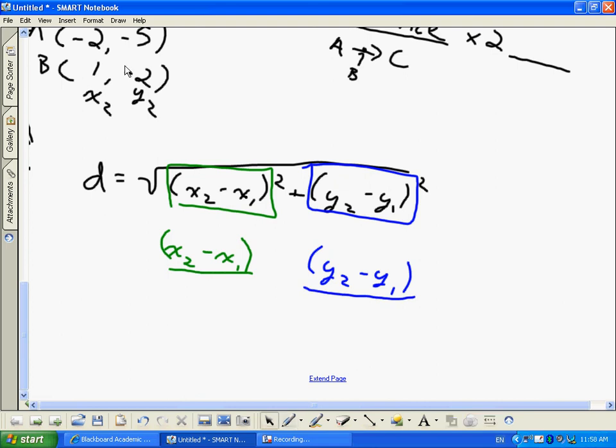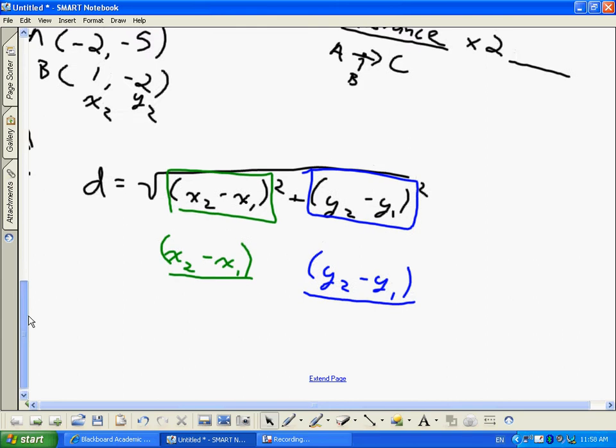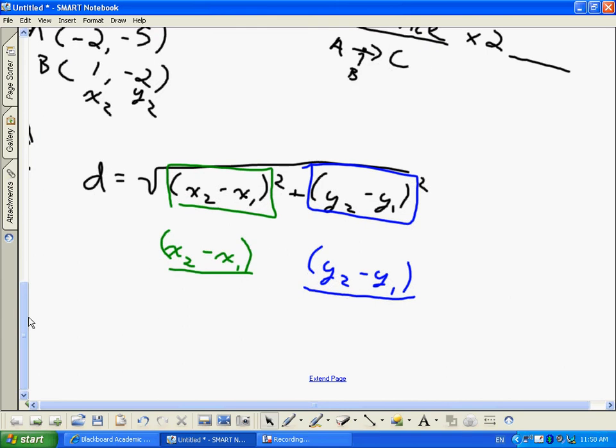Okay? So we take our coordinates of A and B, which we have above, -2, -5. So our x2 is 1. So you plug in 1, subtract -2. No, it's -2. And our y2 is -2.